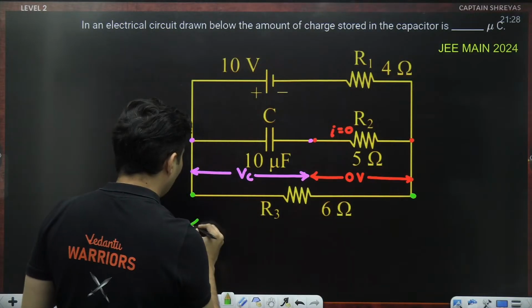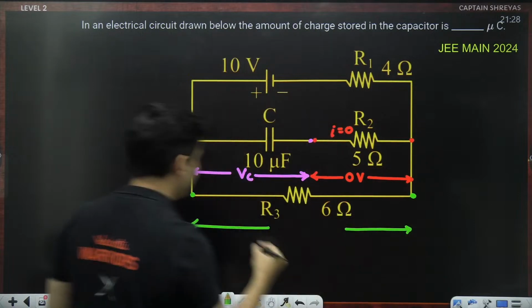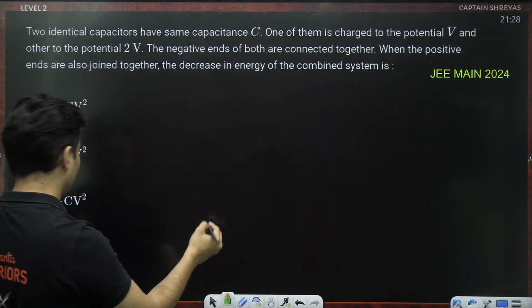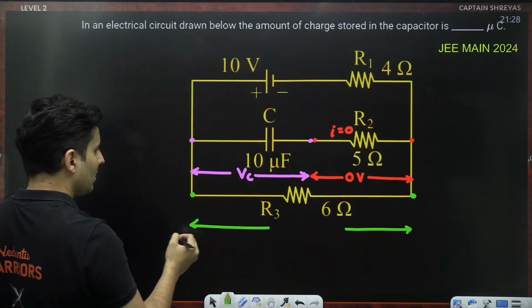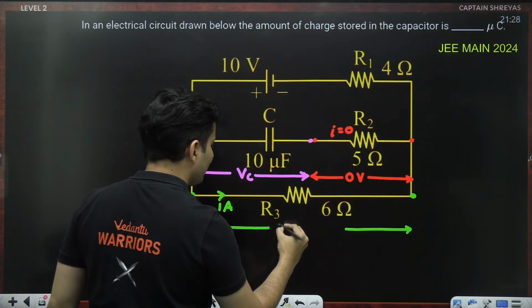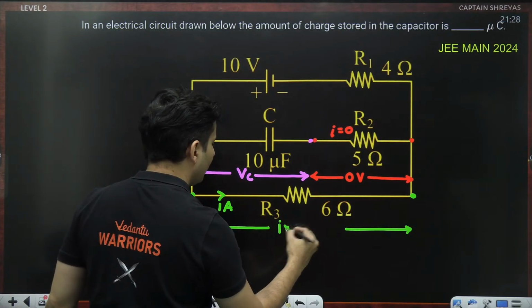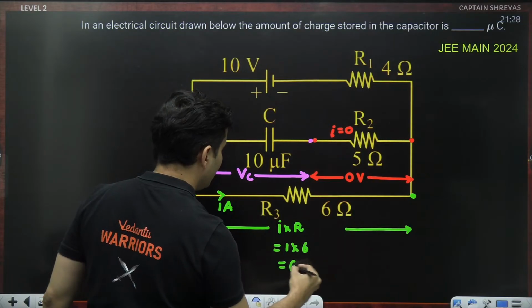So let me find the voltage difference between these 2 points now. Can I find out? Yes, because I know the current. The current was 1 ampere. 1 ampere current was flowing. So the voltage difference is I into R. I is basically 1, R is basically 6. So it is 6 volts.